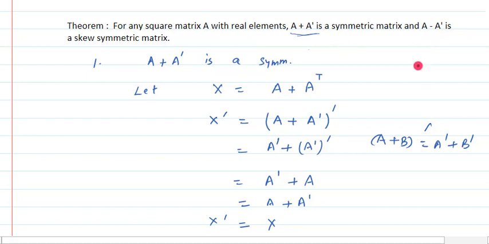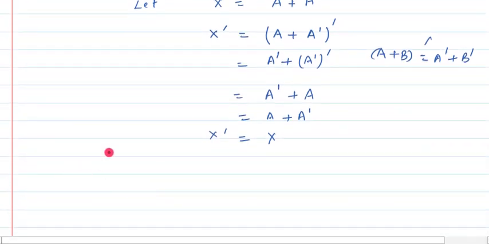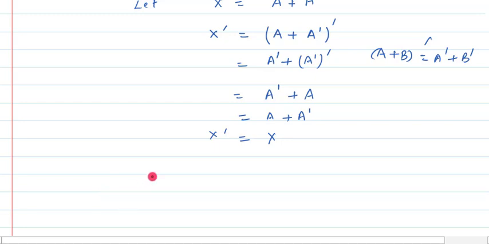Now let me take A minus A dash, a skew symmetric matrix. So let me name this matrix as B. B is equal to A minus A transpose.